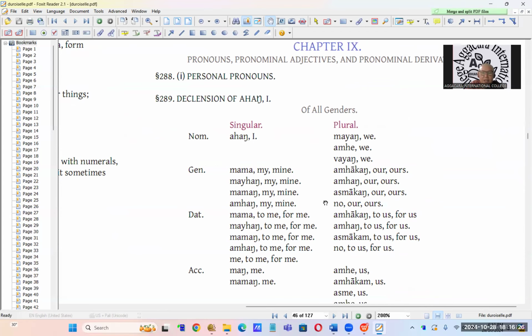You can see the short version is me for dative, and then the long version, for the plural, there is also no. Like when we say imam no, when we share merit with our departed ones, we use the no here. So besides all this amhakam, asmakam, we have the no here.